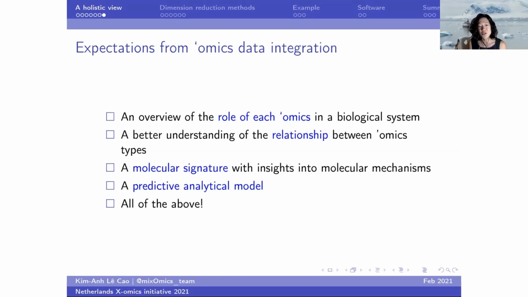Some researchers might be interested in identifying a molecular signature that really characterizes that system. Or they might also be interested to see whether they can predict the outcome of patients based on all these omics. And of course, you might also be interested to answer any of those questions above.